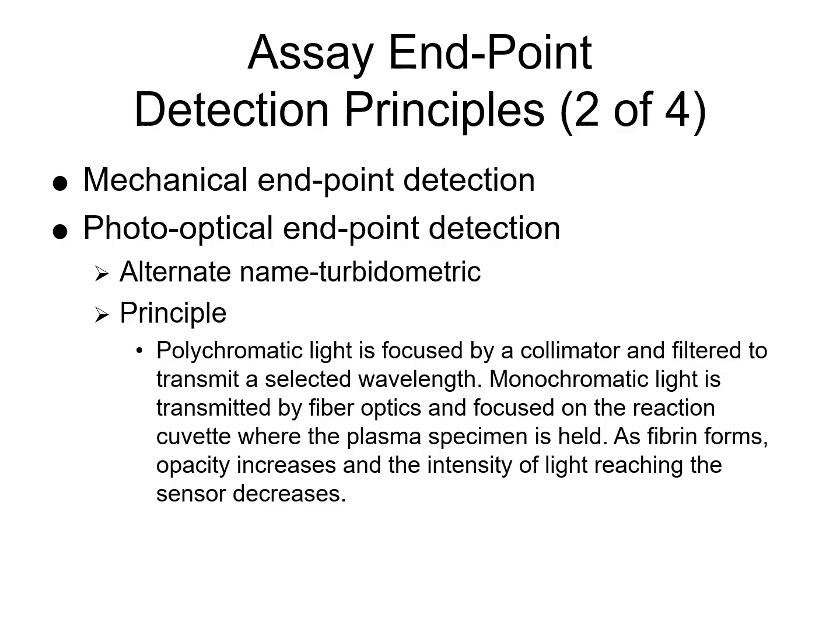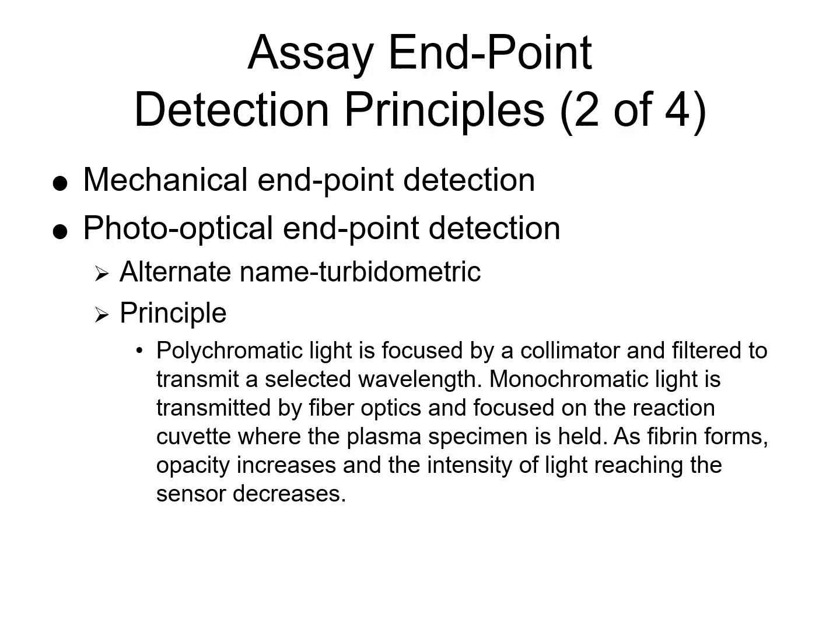For photo-optical endpoint detection, we also call this turbidometric detection. This works by a polychromatic light, which is first focused by a collimator and filtered to select a specific wavelength. The monochromatic light is transmitted through fiber optics and focused on the reaction cuvette containing the plasma specimen. As the fibrin forms, the plasma becomes more opaque.